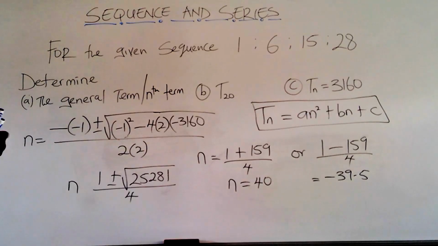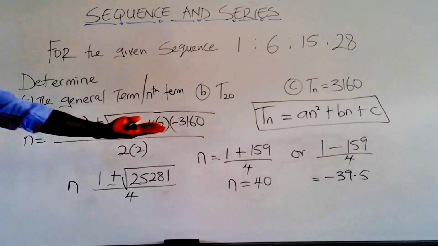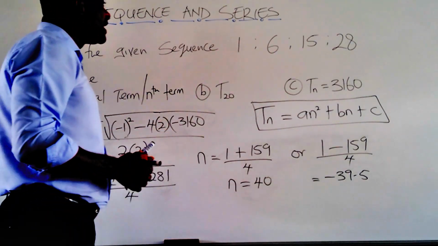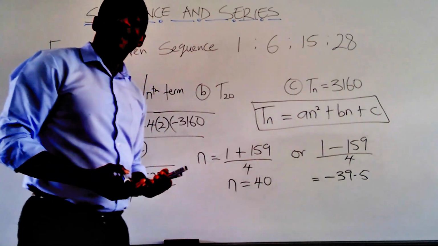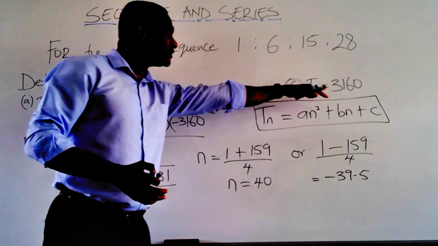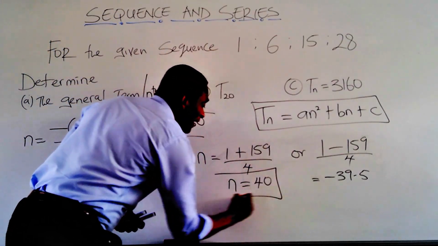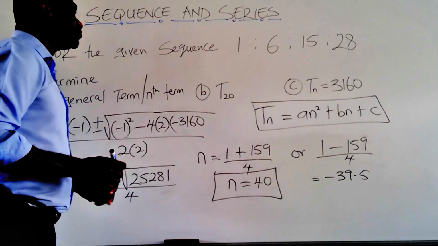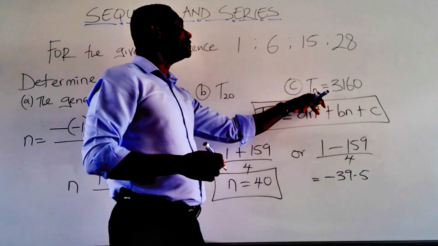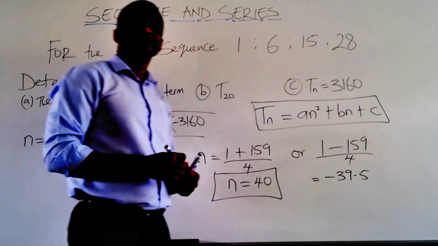Now, remember, like I said before, the term number must be a whole number. So 40 will be our final answer. Term 40 is what will give us 3160.